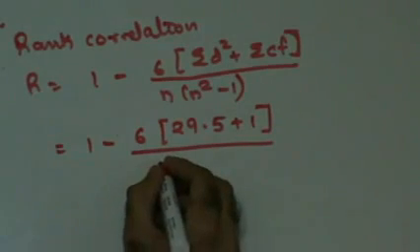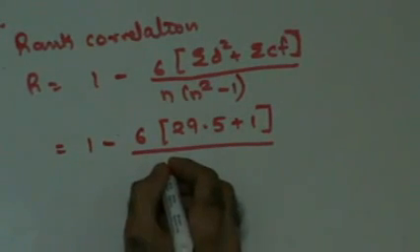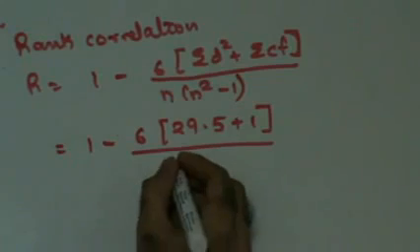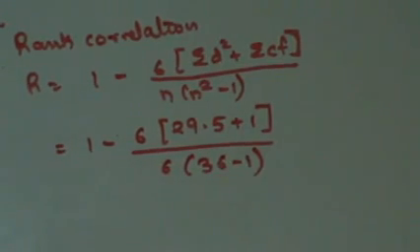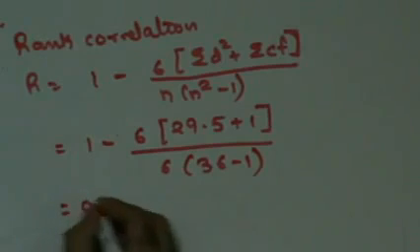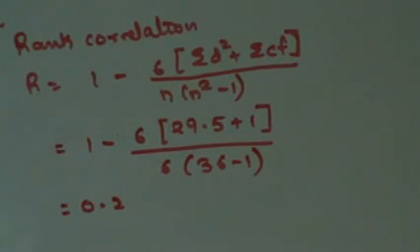N is the number of terms, and you have 6 terms, so 6 into 36 minus 1. Solve the equation and you will get the answer 0.2143.